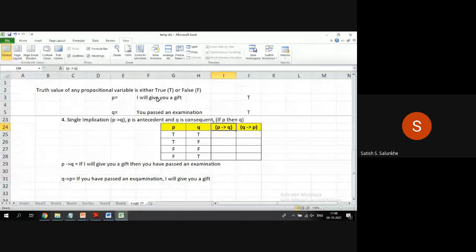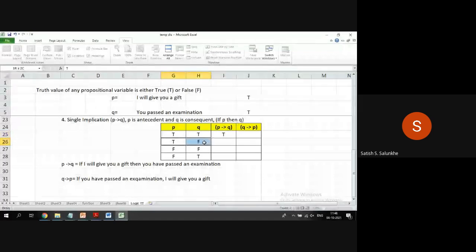It's true. And what does this T indicate? You have passed an examination. This is also true. So it is a valid statement. P implies Q is a valid statement. That is, if I will give you a gift, then you have passed an examination. This is true. There is no violation of the single implication. When will it get violated? If P is true and Q is false, it is going to be violated.